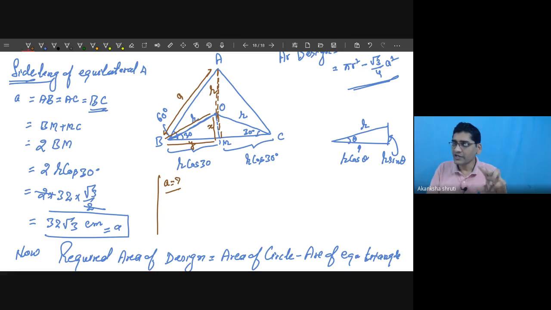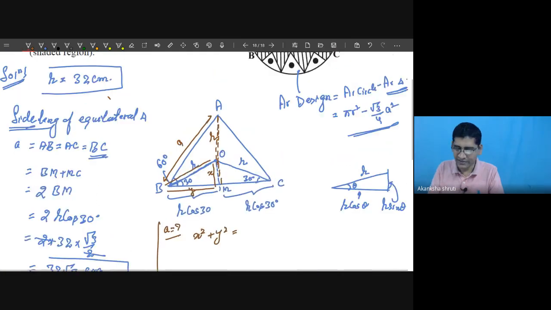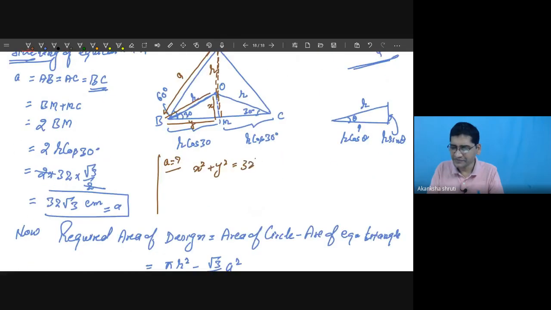right angle triangles. One is like this one, x square plus y square is equals to the radius, the radius is our 32 square. It is one thing.